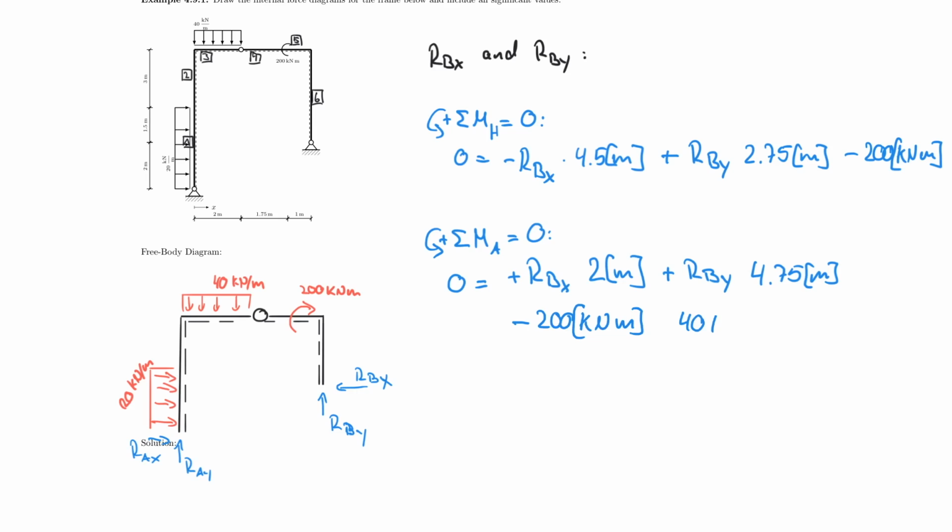So 40 kilonewton per meter, acting over a distance of 2 meters, and I turn about this point, so I have a lever arm of 1. So times 2 meters multiplied by 1 meter. Now, is it clockwise or counterclockwise? This force is rotating this way around about point A, so it's clockwise, and therefore that is negative.